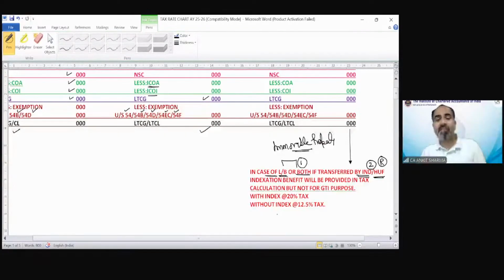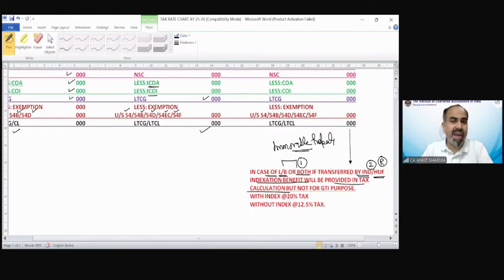Even if they transfer immovable property on or after 23rd of July 2024, they can calculate long-term capital gain on immovable property with the indexation benefit provided in tax calculation.